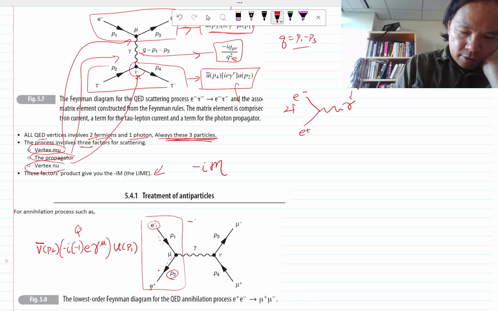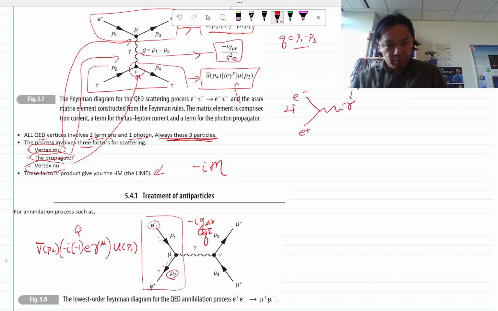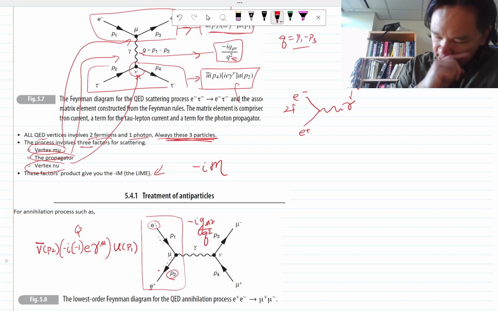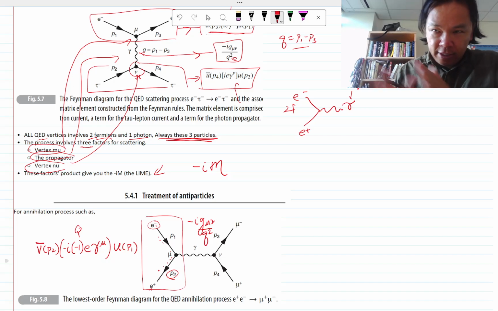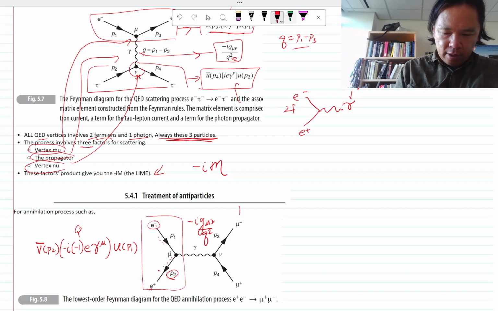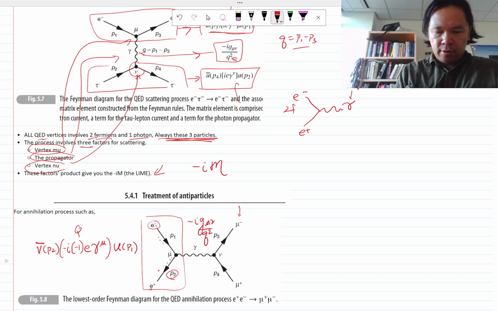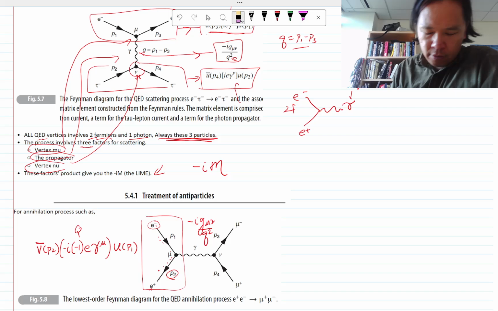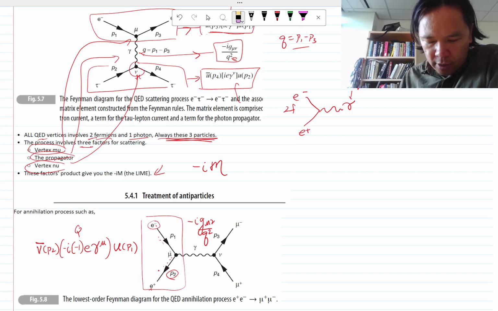Moving to the middle, the middle is the same as the other one, where we just get a factor of i g mu nu divided by the four-momentum squared of the photon. On the other side, the physically outgoing particles, this photon decays into 2 muons. It could decay into taus or other things, but let's deal with what the book gave us as a diagram.